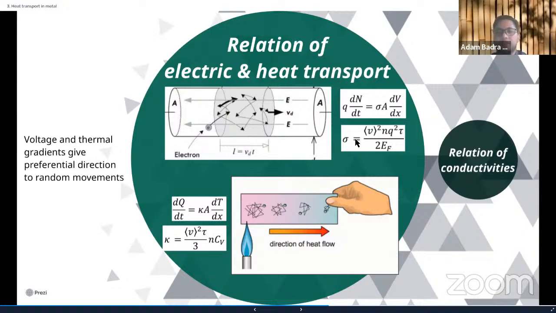The electric conductivity sigma depends on the average velocity and also on tau. And it's also the same for kappa: kappa also depends on the velocity squared and tau. So this nice coincidence has some interesting phenomena. So what do you think the interesting phenomena is? What do you think the relationship between electric and heat transport is?